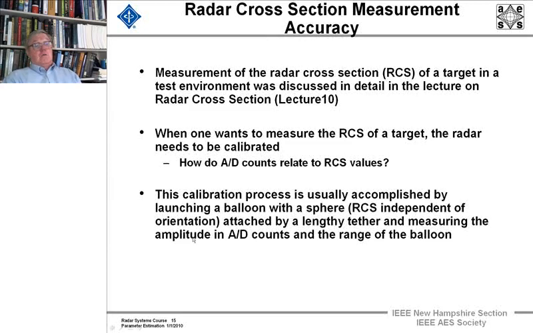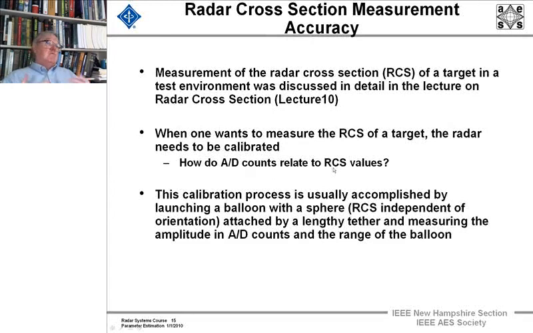Then you measure the range of the balloon exactly, go through the radar equation, and correlate A to D counts to the exact ranges, and that will give you the exact transformation coefficients going from A to D counts to RCS.